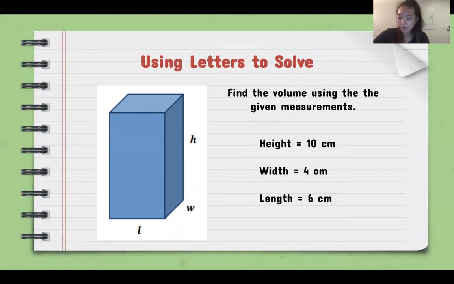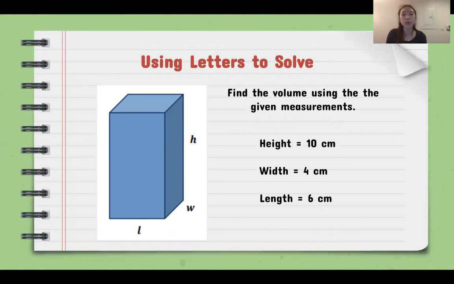So I am not the best at drawing this, but I will give it a try. Okay, so it wasn't too bad, actually. So we have our H, our W, and our L. So it says our height is 10 centimeters. So height is H, so that means this right here is going to be 10 centimeters.